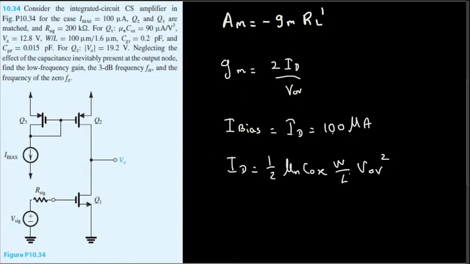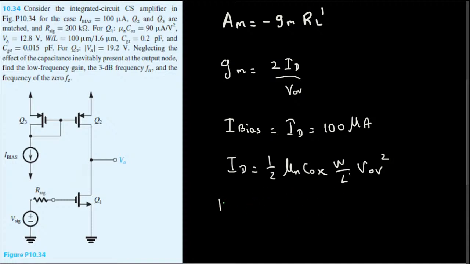ID current is available to us, 100 microampere, and the mnCox value is provided right here, 90 microampere per voltage square. W over L ratio is also provided, 100 micrometer per 1.6 micrometer. So the only unknown variable is VOV. So from this one we can solve for VOV.